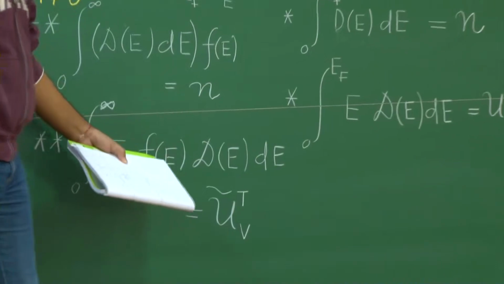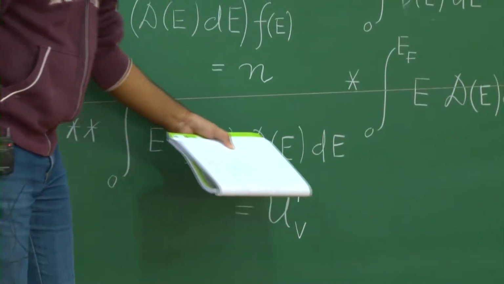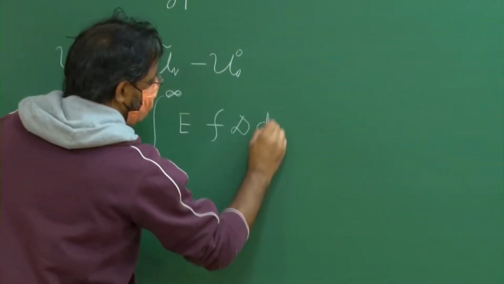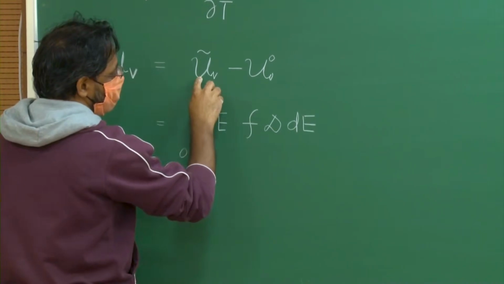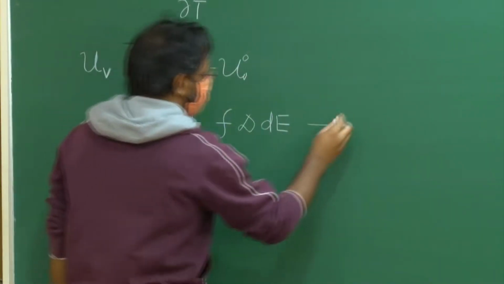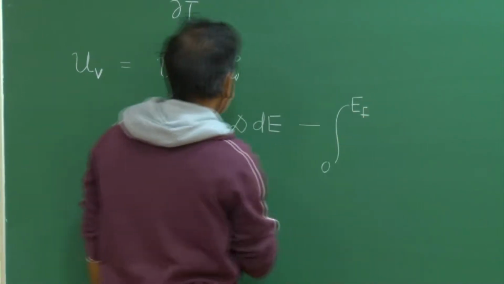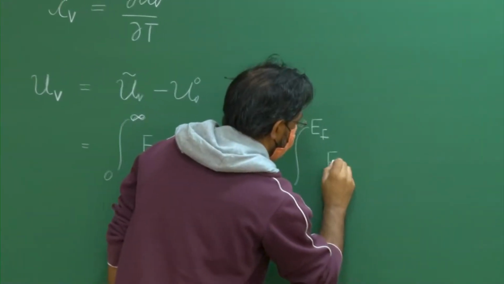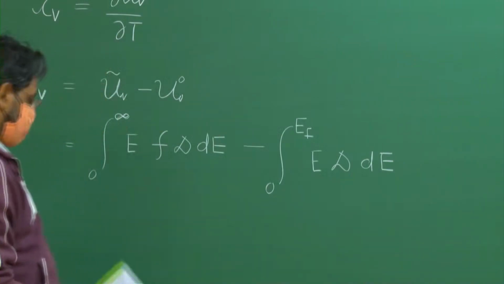So, to make notation simple, I am going to drop this function of E, and from D also the function of E. So, I am just going to write it as E times F times D times dE. That is your first term, and the second term is 0 to EF, and then there, that is E, D and dE. Okay.